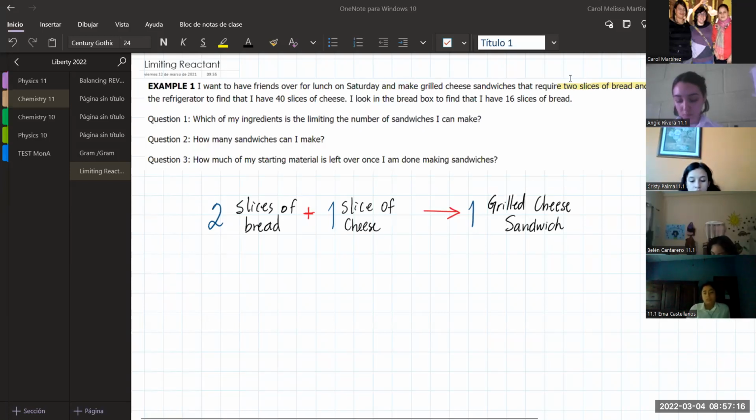Now, that's the recipe for one grilled cheese sandwich. Now, I look in the fridge and I find that I have 40 slices of cheese. Then, inside the bread box, I see that I have 16 slices of bread.